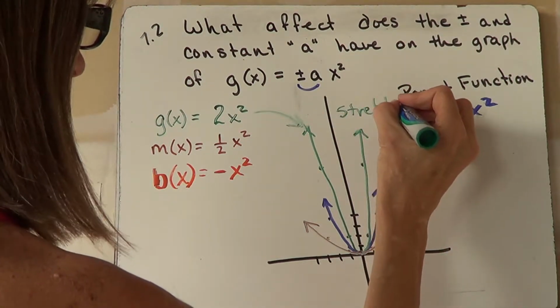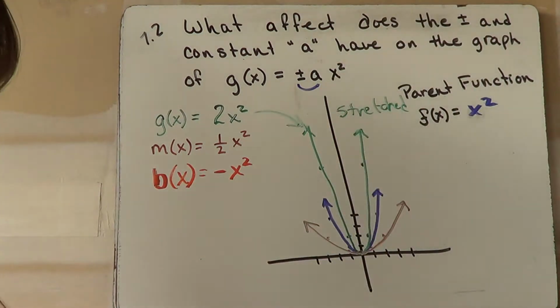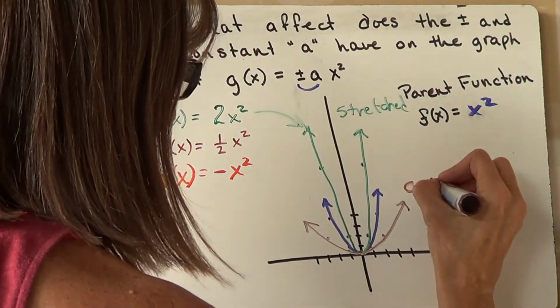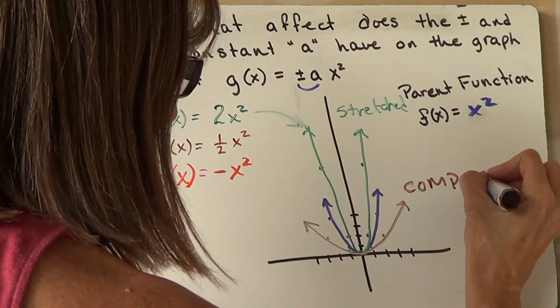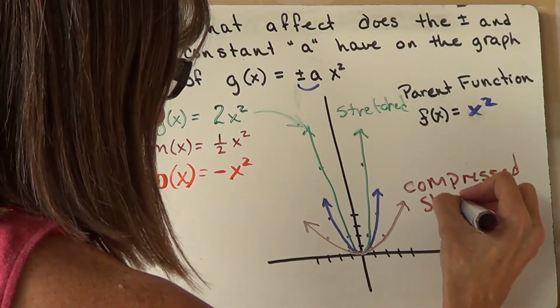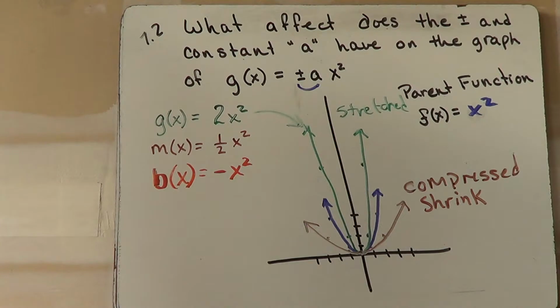It's been stretched up from the x-axis. Now on the brown line, we say that it's been compressed, it's been pushed down, or you might see the word shrink. Usually you'll see compressed and stretched for those descriptions.